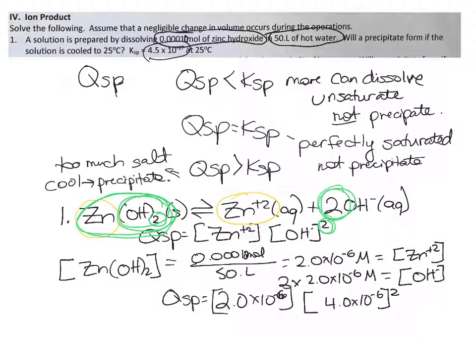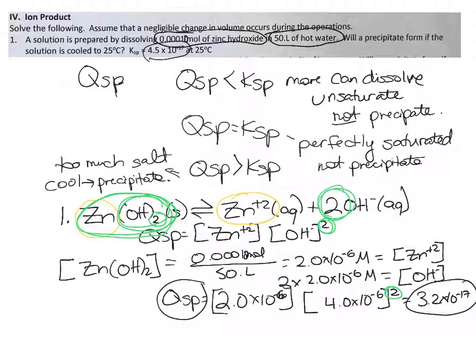Because this is squared above, we're going to square this here. We're going to put this in our calculator and see what we get for the QSP, and once you put it in, you will find that the QSP is 3.2 times 10 to the minus 17. This is QSP.